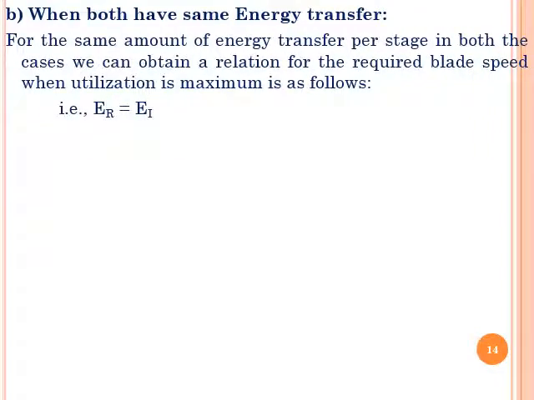For the same amount of energy transfer per stage in both cases, we can obtain a relation for the required blade speed when utilization is maximum. Energy transfer in reaction turbine is equal to energy transfer in impulse turbine. That is UR square by GC is equal to 2U square by GC.